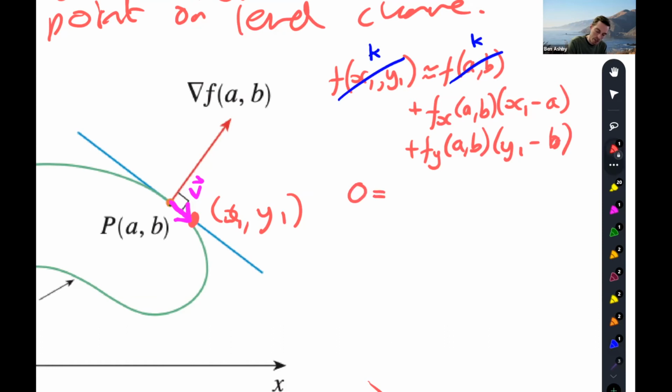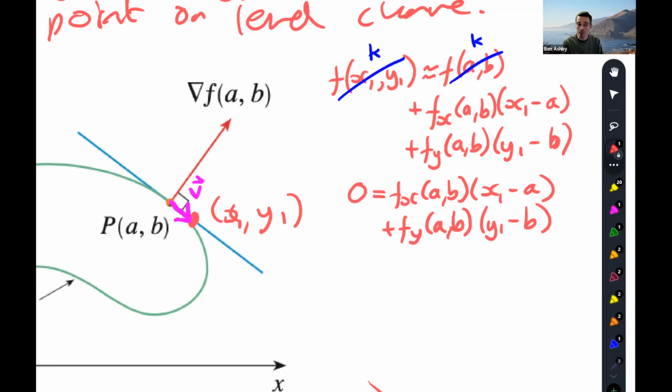So we end up with 0 is equal to our partial with respect to x times (x1 minus a) plus our partial with respect to y times (y1 minus b). The sum of those two things is equal to 0. And this is just our gradient of f at (a, b) dotted with our vector v.